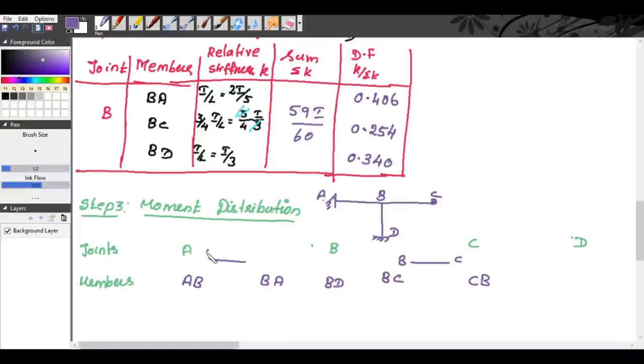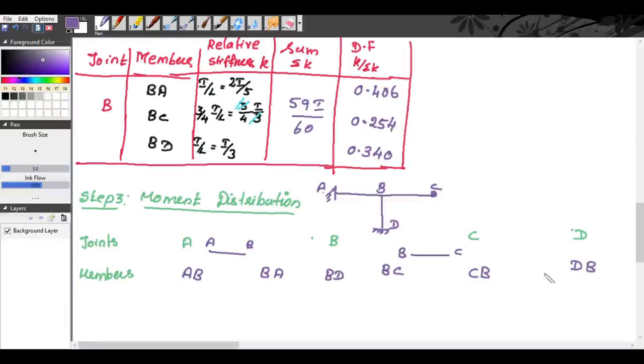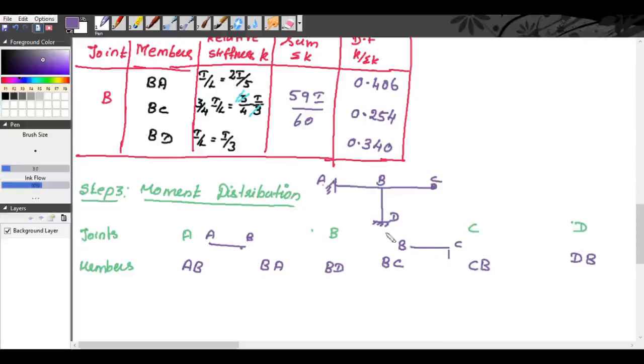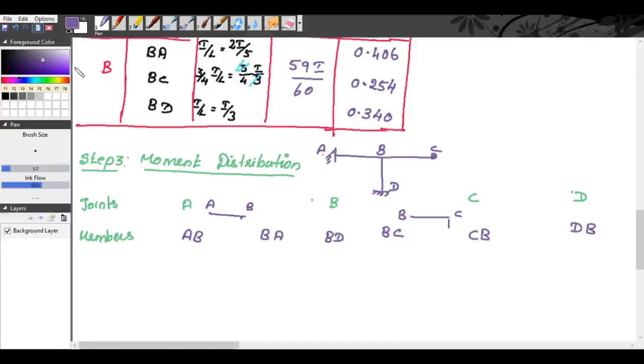This span is AB. Now at D we have DB. So this is BD and DB. So the sharing of moments is between A and B, between B and C, and between B and D. You should be very careful. Now we will write the distribution factors.